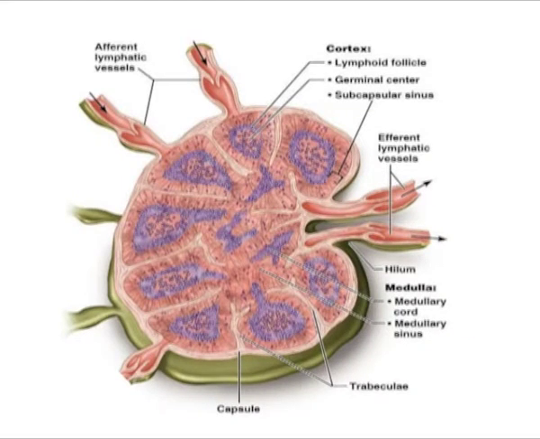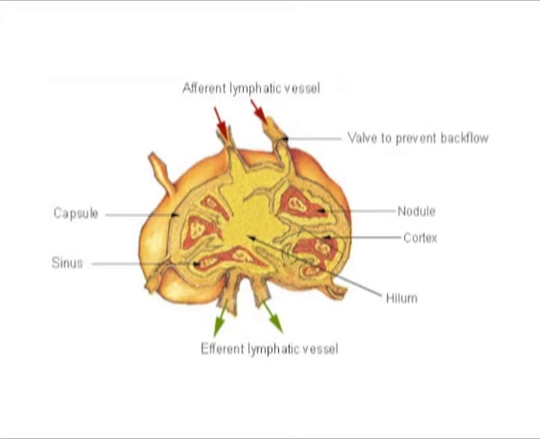The hilum is present as a depression on the surface of the lymph node, imparting it a bean or ovoid shape. It is the junction for entry and exit of arteries, veins, along with lymphatic vessels.